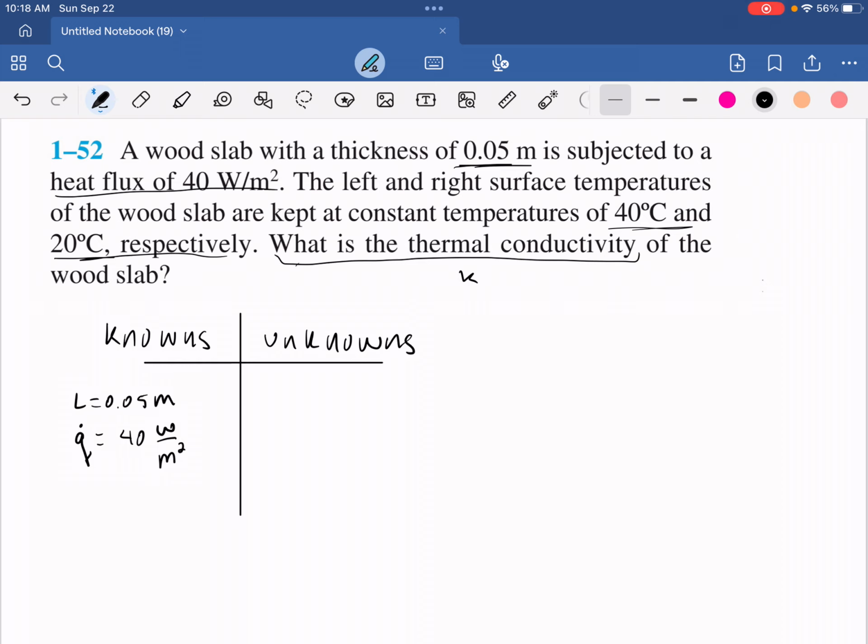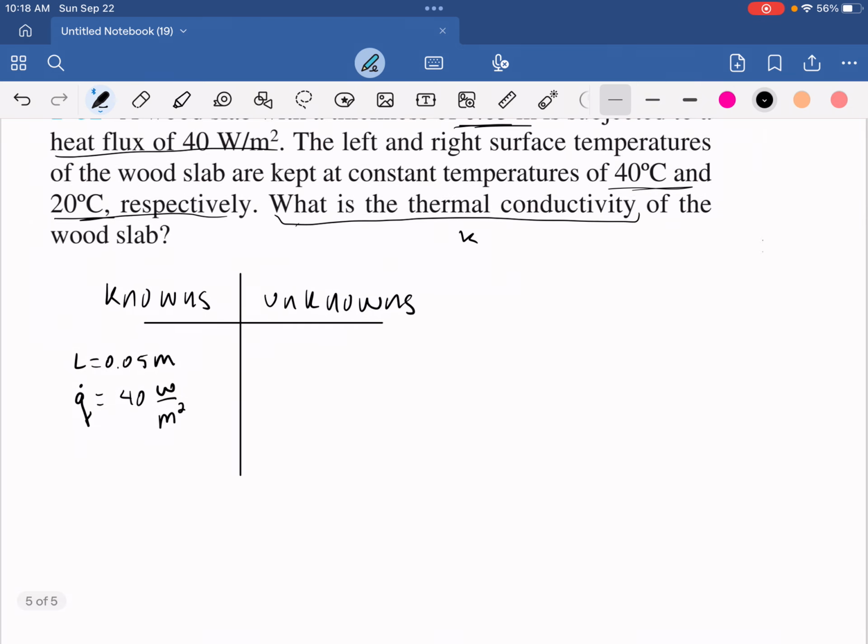I'm also given my delta T's. So if I convert that into kelvins and I subtract them, I'm still going to get 20 kelvins. Just like if I subtract 40 degrees Celsius and 20 degrees Celsius, I get 20 degrees Celsius, right?